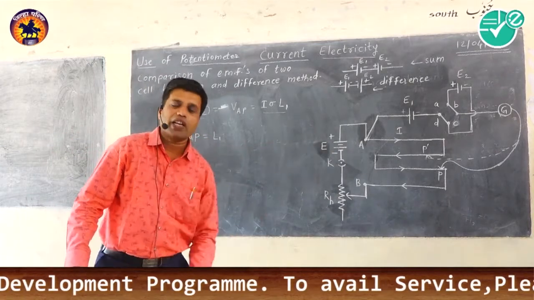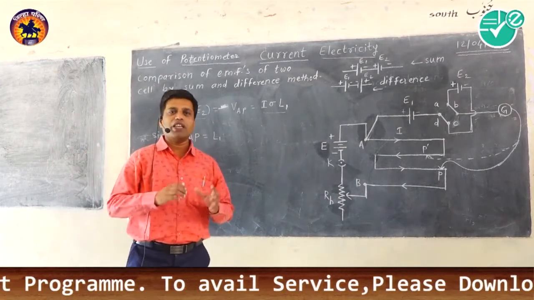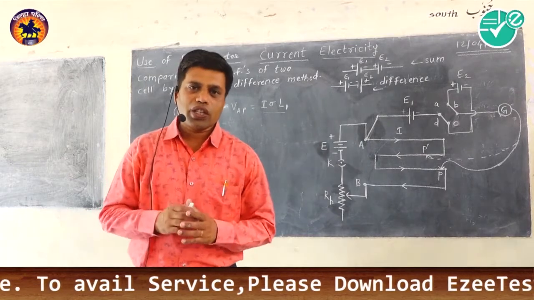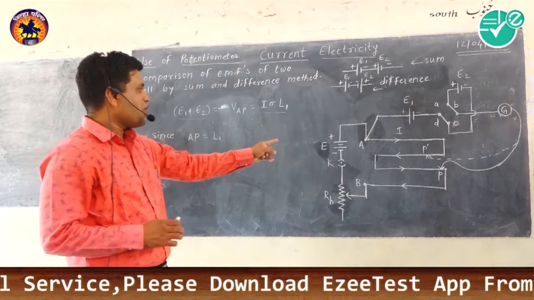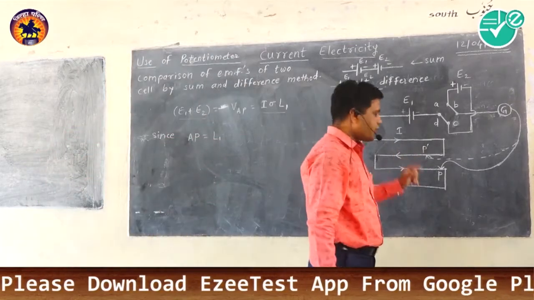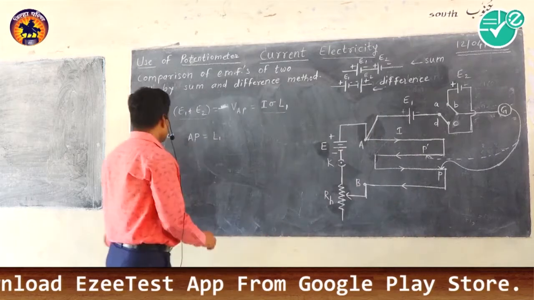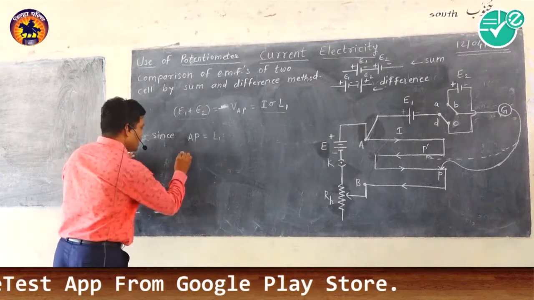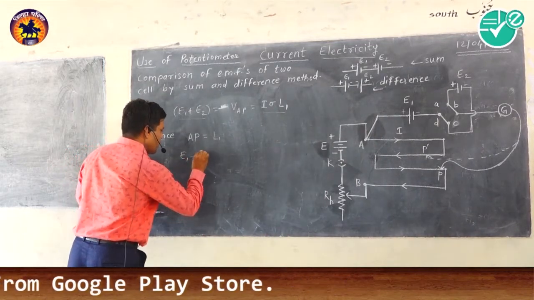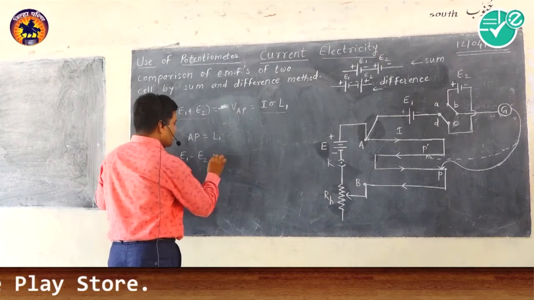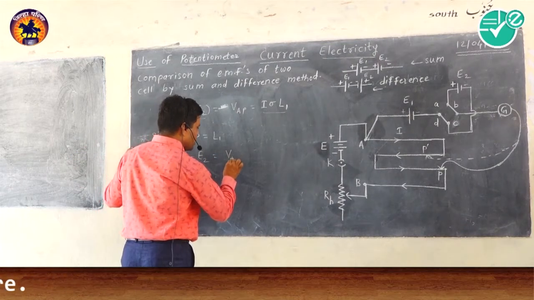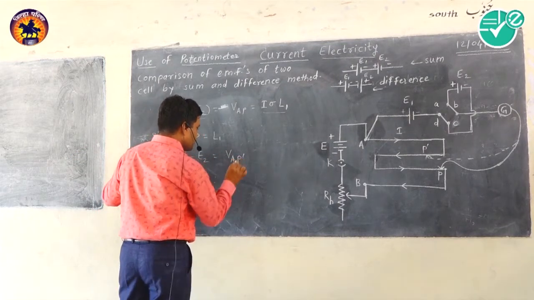It means that the EMF E1 minus E2 is balanced by the potential between A and P dash.